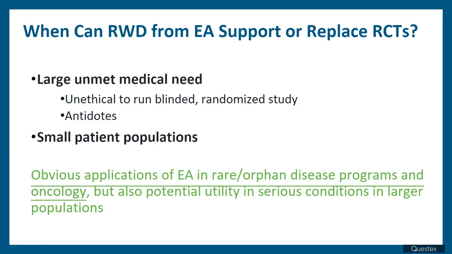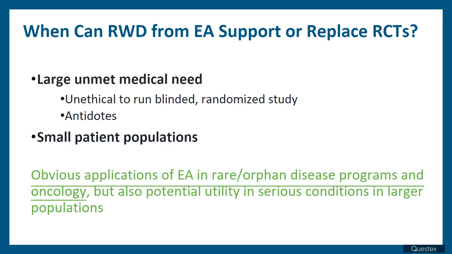And there are circumstances to think about when real-world data, as we've noted, from expanded access could potentially replace randomized controlled clinical trials. I mean, there's obvious applications for this in rare and orphan diseases and in the oncology space, circumstances in which there are small patient populations, circumstances with a large unmet medical need where it may be unethical to run blinded randomized studies.